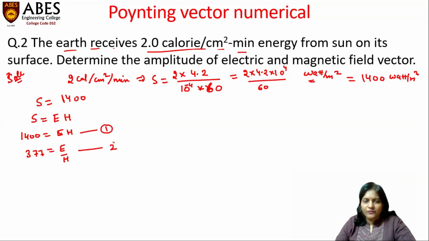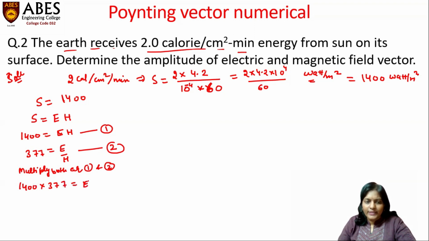So this is equation 1 and this is equation number 2. Multiply both equations 1 and 2. We will get 1400 into 377 is equal to E square.